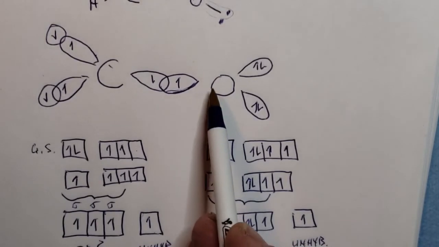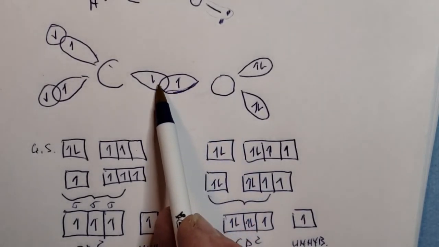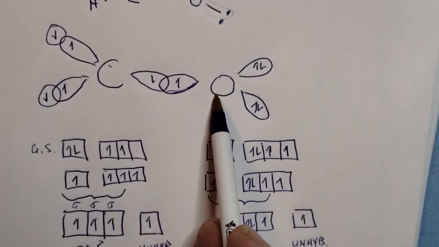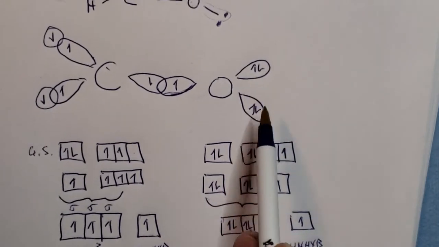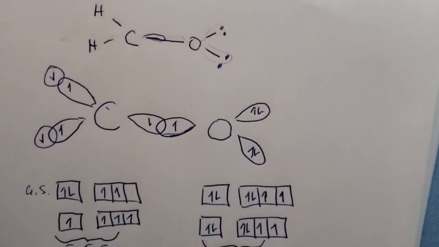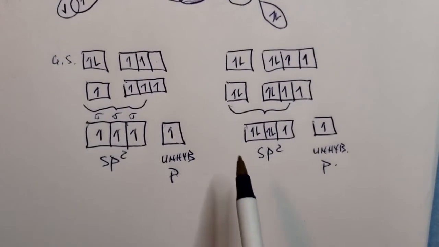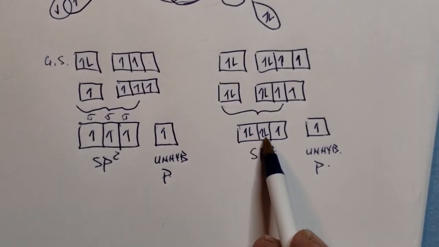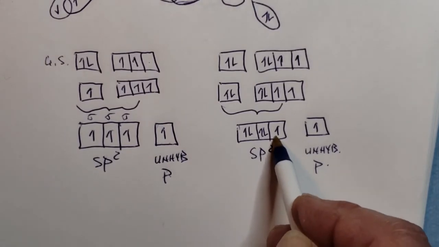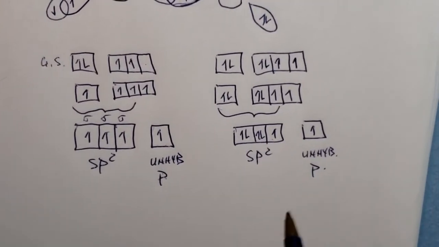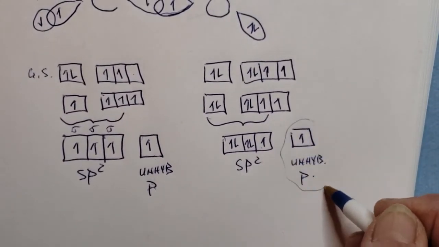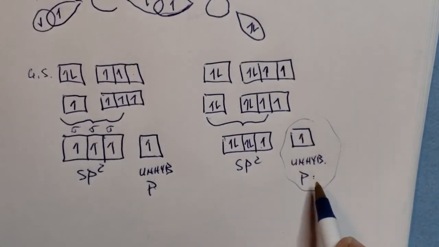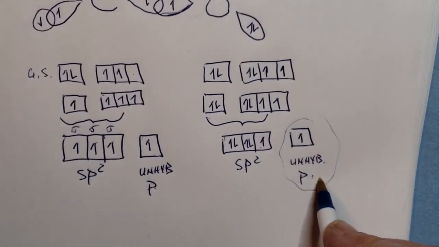Well, that's exactly what our picture shows: a single for the bond to the carbon, and then two back here to represent the two lone pairs on the oxygen. All right, those are my sp2 hybrids, and sure enough, there's my two lone pairs. Here's my sigma bond to the carbon. But that left another electron left over in an unhybridized p orbital.